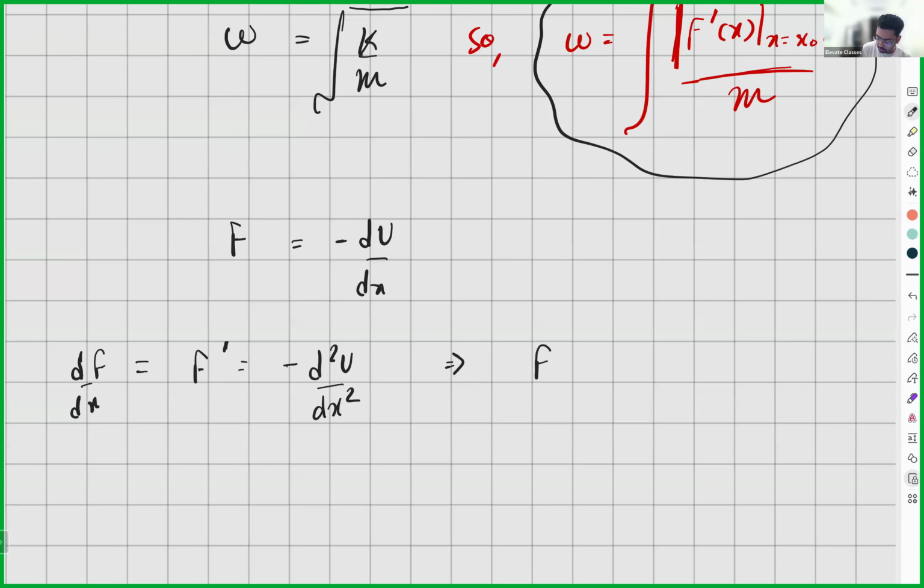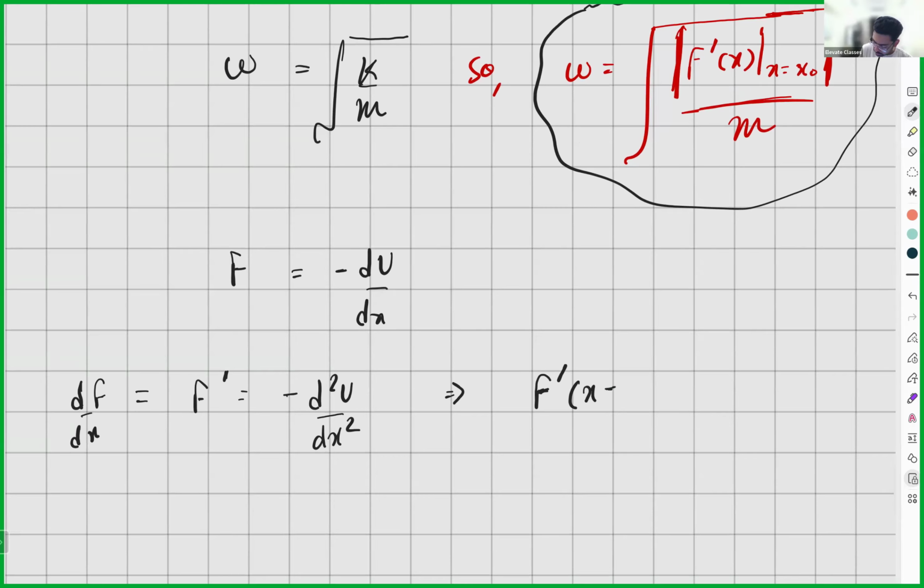So that implies f dash at x equals x naught is equal to d square u by dx square at x equal to x naught.